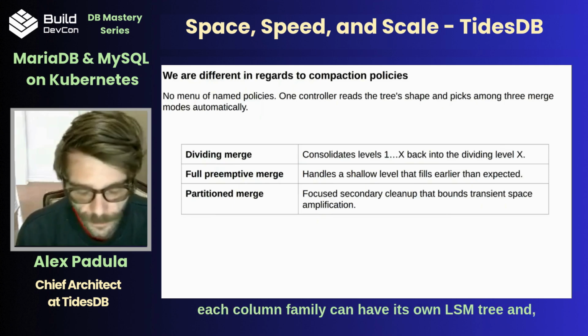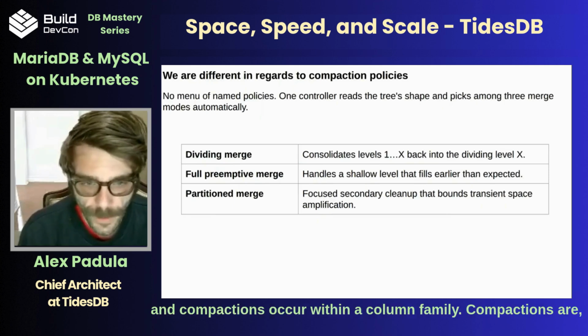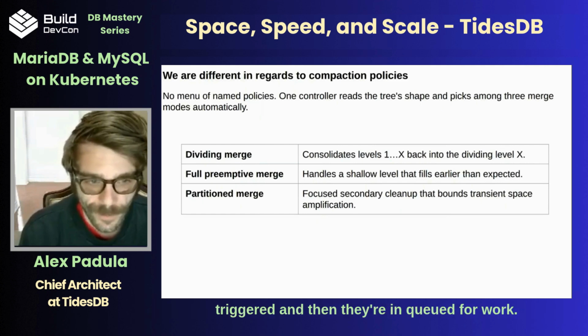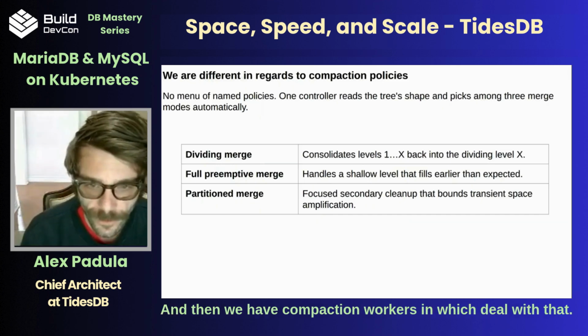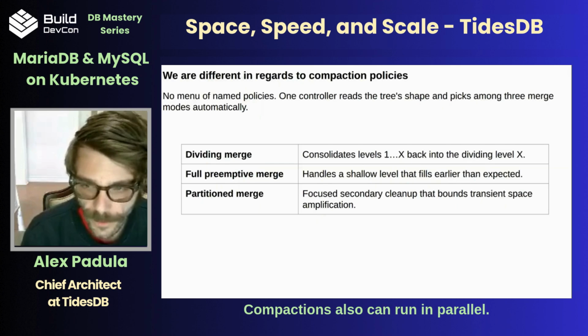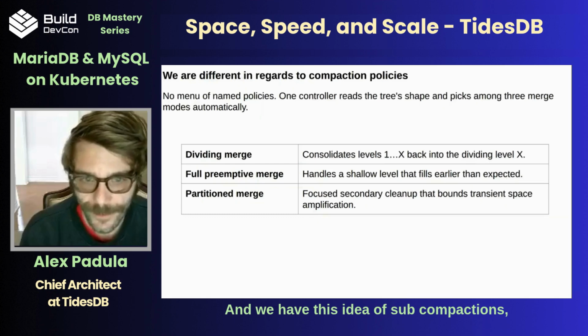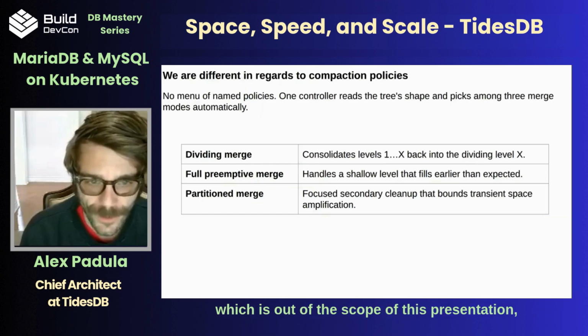So as I said, each column family can have its own LSM tree, and compactions occur within a column family. Compactions are triggered, and then they're enqueued for work, and then we have compaction workers which deal with that. Compactions can also run in parallel, and we have this idea of sub-compactions, which is out of the scope of this presentation.